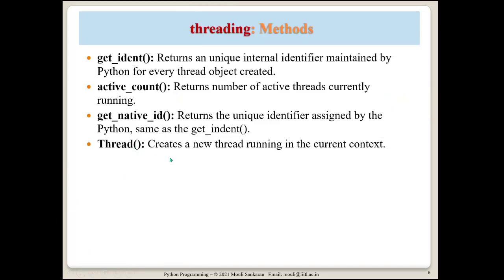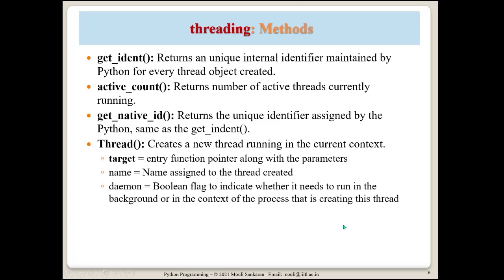Then Thread, which we used to create a new thread. We can actually call this directly to create a new thread. I will explain how to do this also. If you are calling a thread object directly to create a thread, then you may have to give the following keyword parameters.